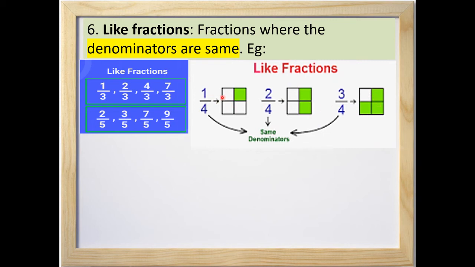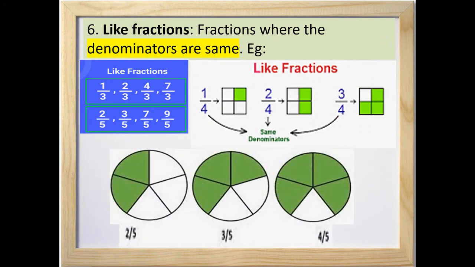So the first fraction is 1 by 4, the second fraction is 2 by 4, and the third fraction is 3 by 4. You can easily see that the denominators are all same, but the numerators are different. Such fractions where the denominators are same, we call like fractions.